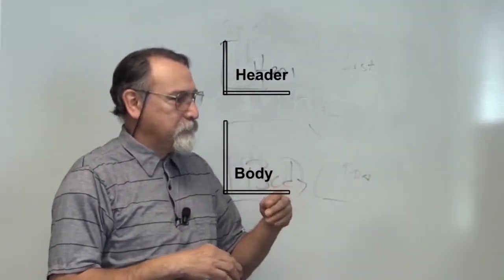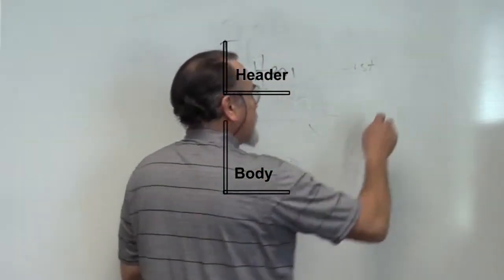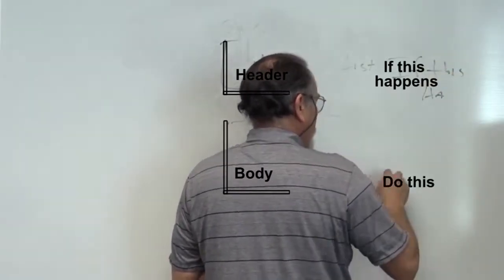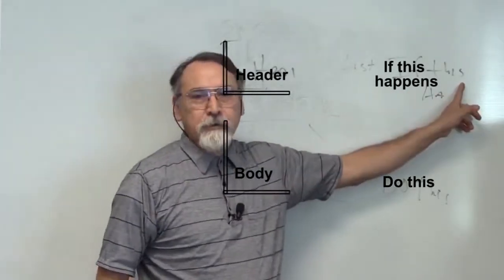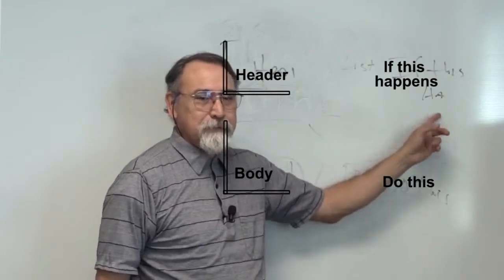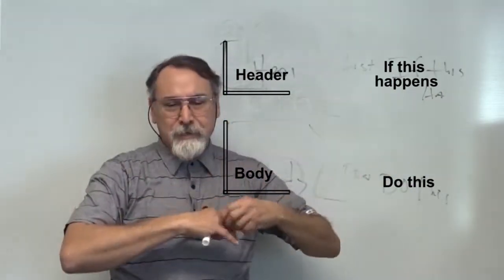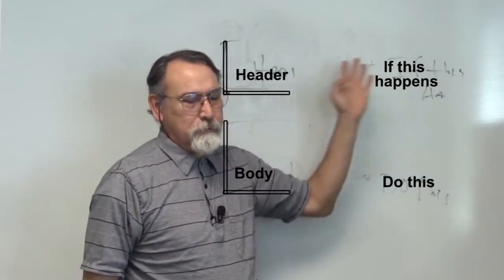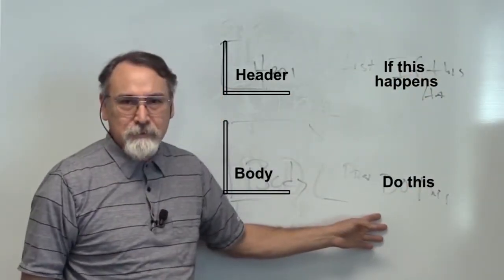The trigger says, if this happens, do this. If you have a condition, take this action. When you say if this happens, this is where you have a lot of the if-thens and case statements and all kinds of stuff, because you have to permutate that event. So if this condition exists, or this event happens, take this action.